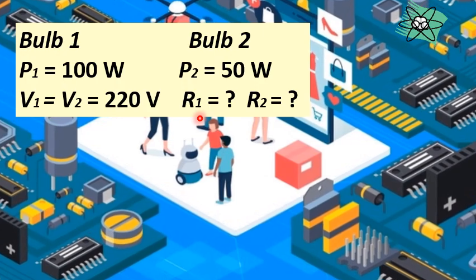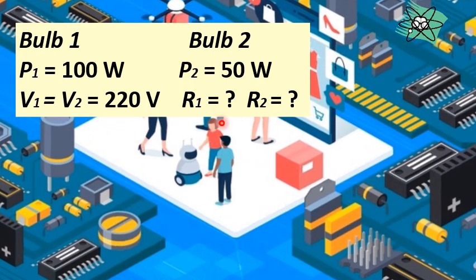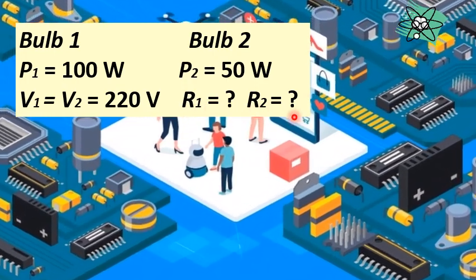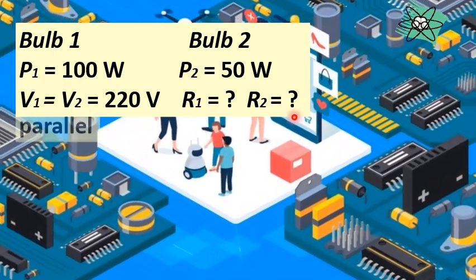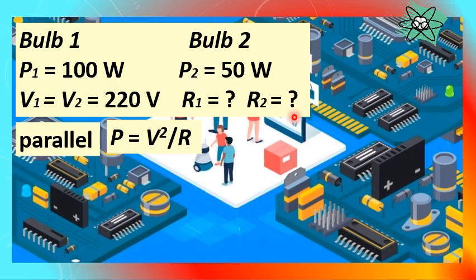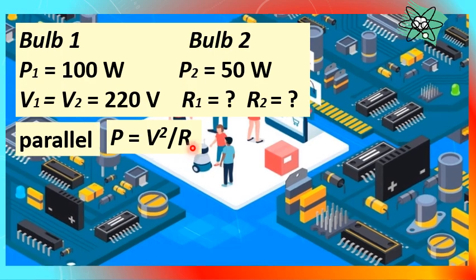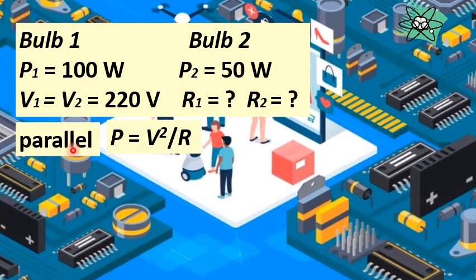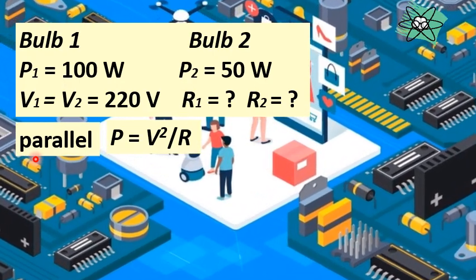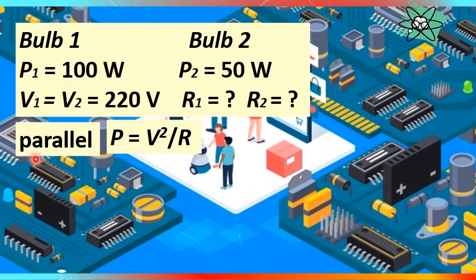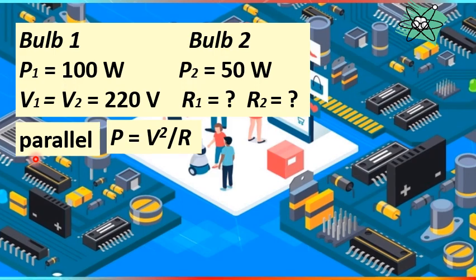And to be able to compare their brightness, we need to know the respective resistances R1 and R2. We use the formula power equals V squared over R. This is the formula for power in a parallel connection. So we use this formula P equals V squared over R to compute the resistance R of each bulb.